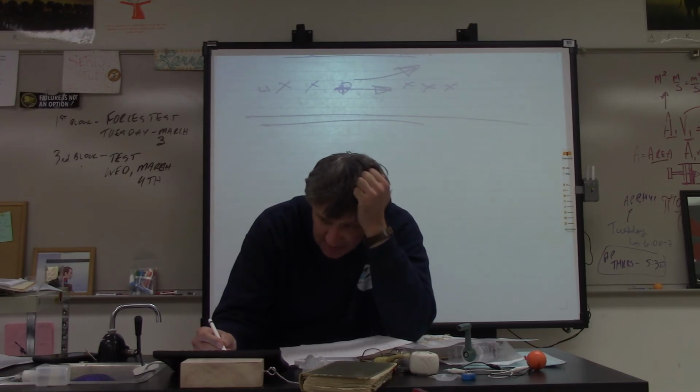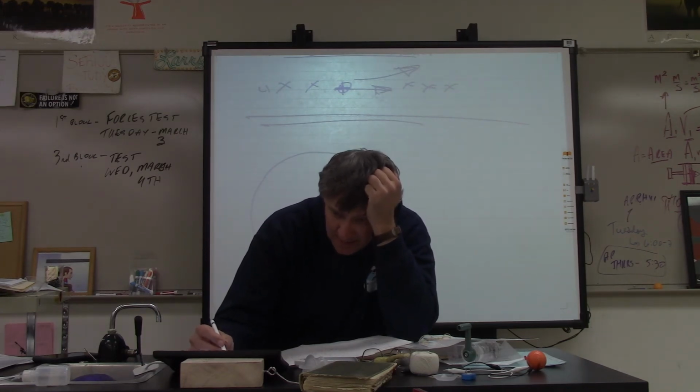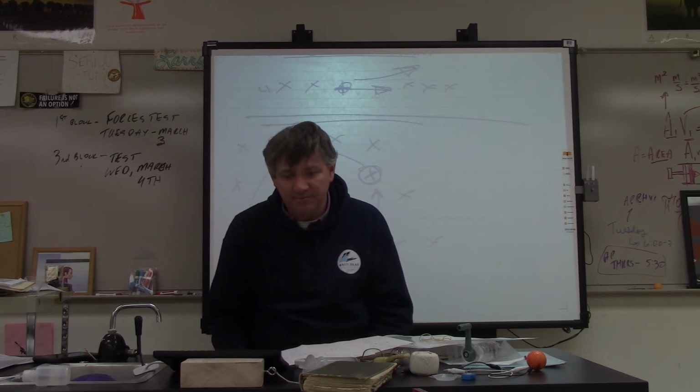I've got a positively charged proton, oddly enough, moving in a circle like this, okay? And I'm going to have a magnetic field going into the page. Now, let's look at the force that that proton is going to be subjected to.